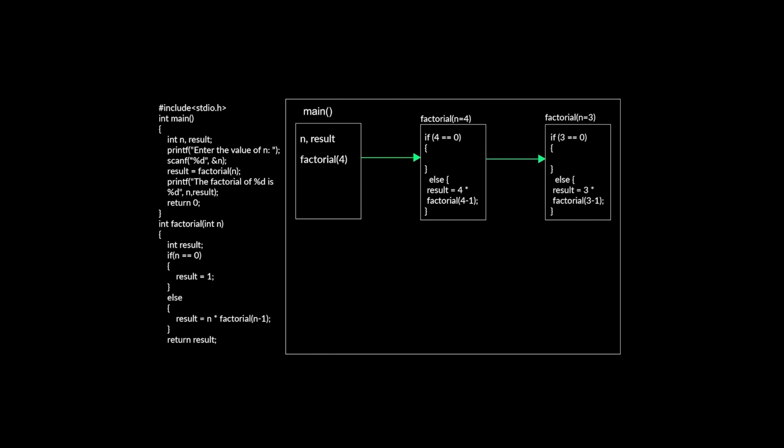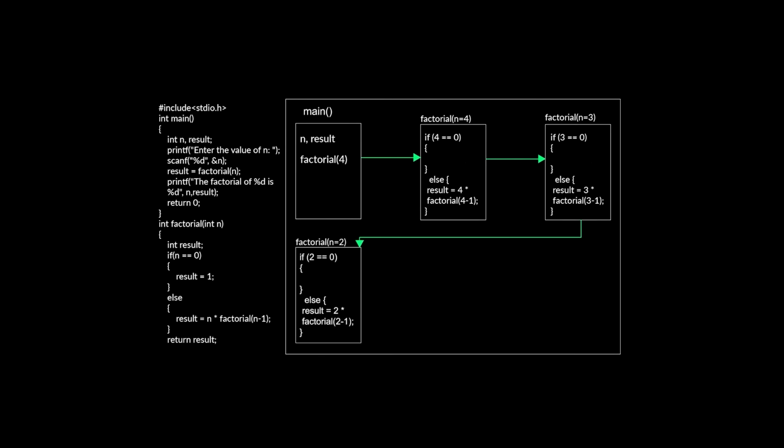Here if 3 equal 0, the condition is false, so in this case also the if block will not execute. Control goes to the else block. In the else block, it is 3 into factorial of n minus 1, that is 2. Again, we should find the value of factorial 2. So one new method space will be created for factorial n equal to 2.